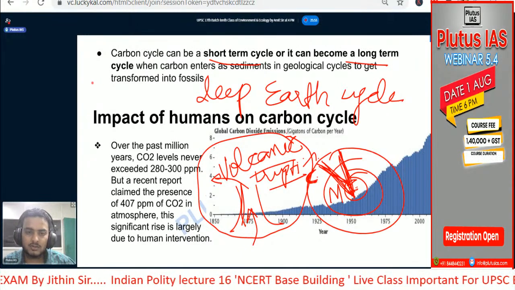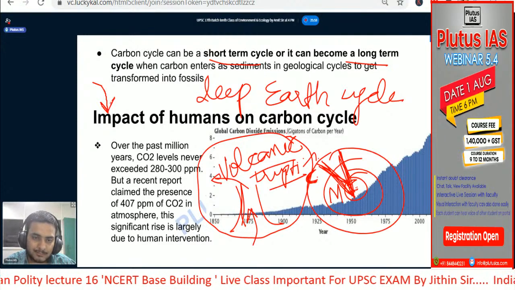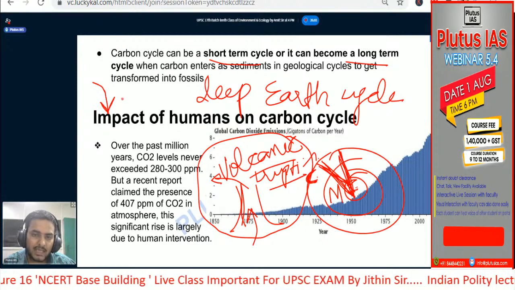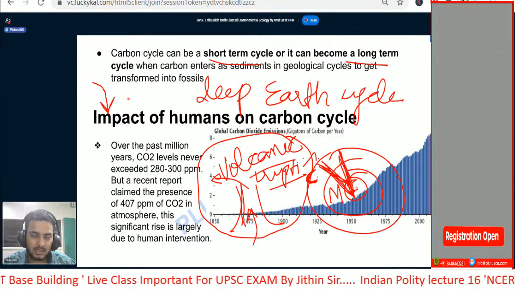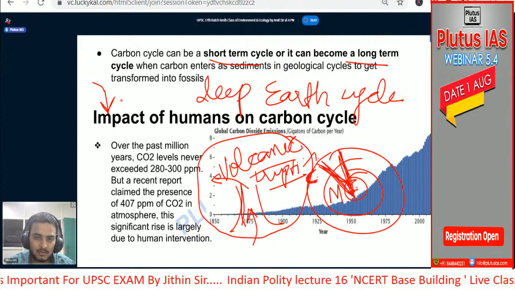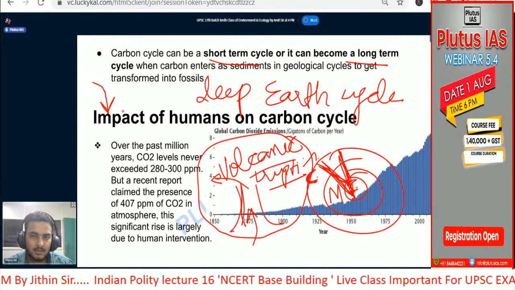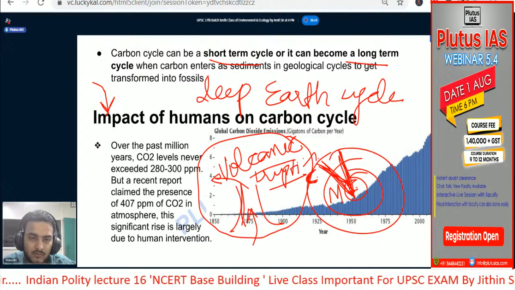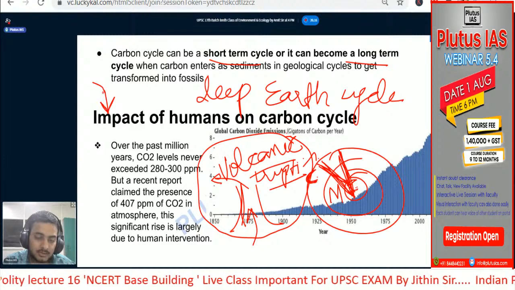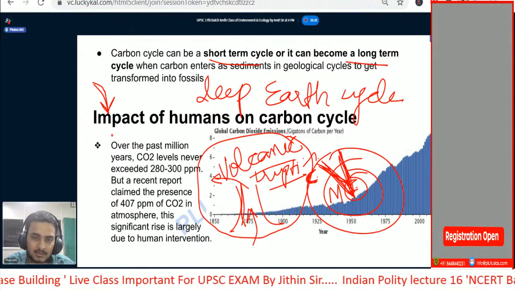The cycle goes on like this: as I told you, this carbon gets deposited in sediments or organic matter. Carbon is the base of organic matter; without carbon, life is not possible. So these sediments and organic matter get deposited deep inside the Earth.